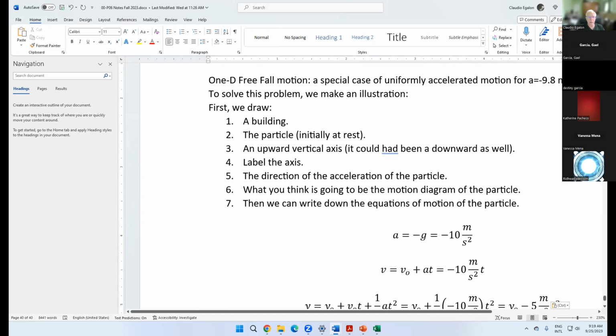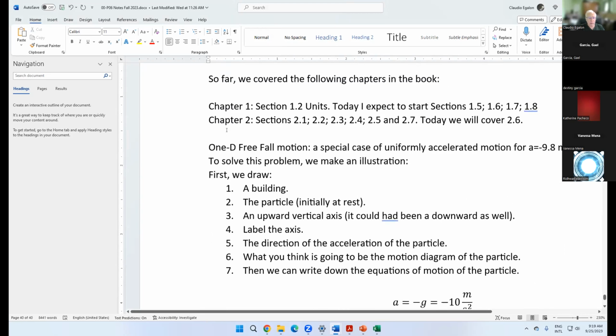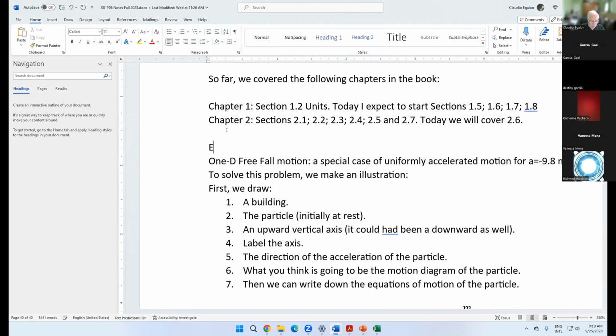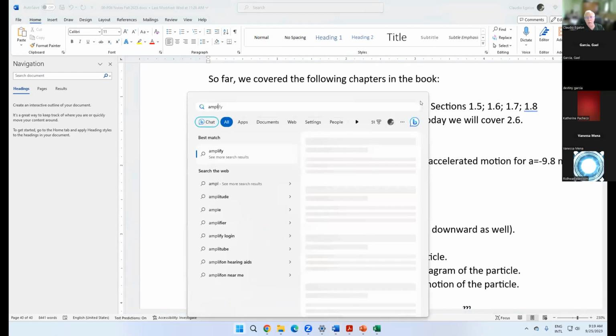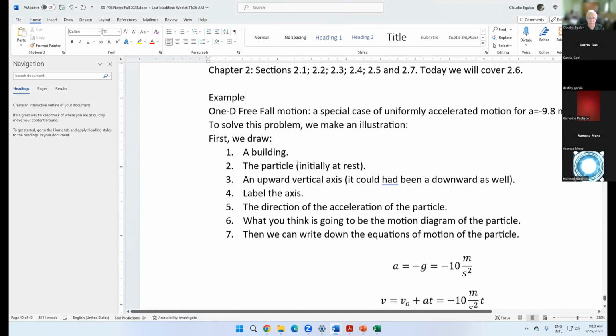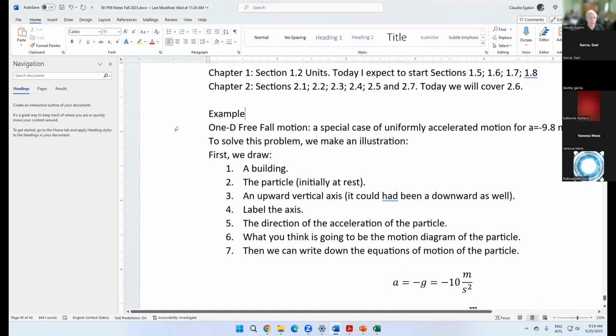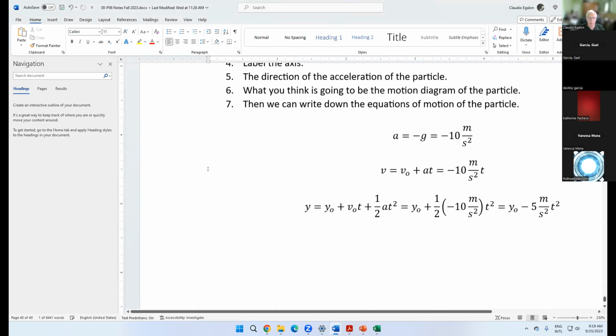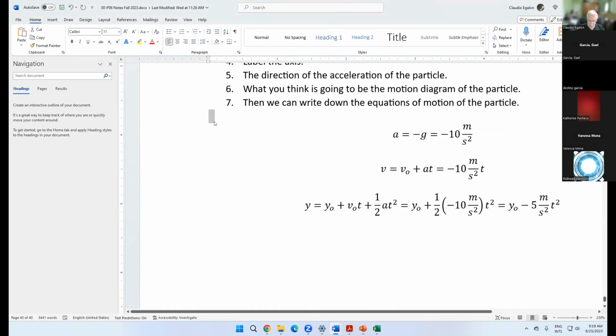Let's treat that as an example. Let's put this example down here.